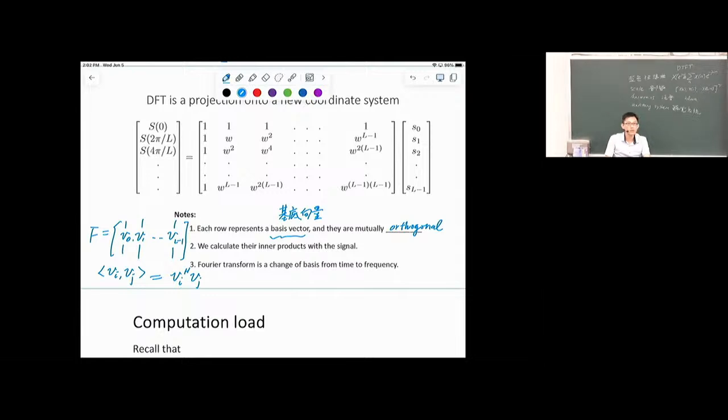That's the definition of the inner product for complex valued vectors. If you have two of them and you perform an inner product, you take the Hermitian of one of them and then perform the matrix product. The result is L times delta ij, which means it equals L if i is j, but is otherwise 0 if i is not equal to j.